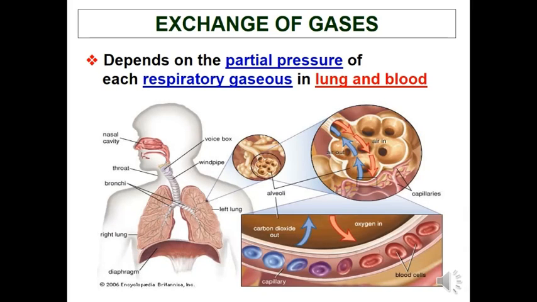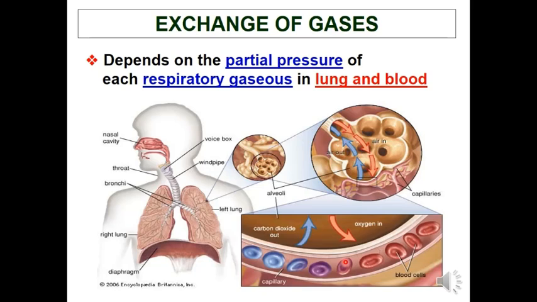Exchange of gases depends on the partial pressures of each respiratory gas in the lungs and blood. This means that when the partial pressure of oxygen is high in the alveoli after inhalation, the oxygen will be transported to the blood in the blood capillaries, where the partial pressure of oxygen is low.